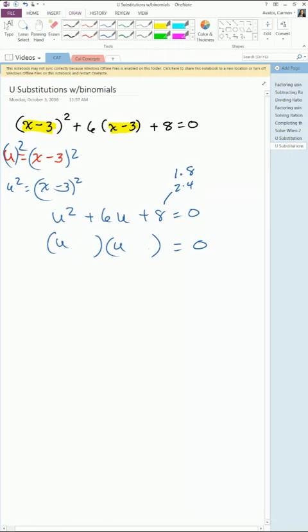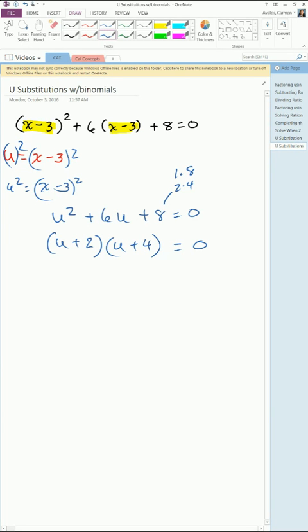But which combination works? Does 8 plus 1 give me 6? No. Does 8 minus 1 give me 6? No. But 2 plus 4 gives me 6. So I know this one's going to be 2, this one's going to be 4, and it's positive, because when I add those two together, it gives me 6.